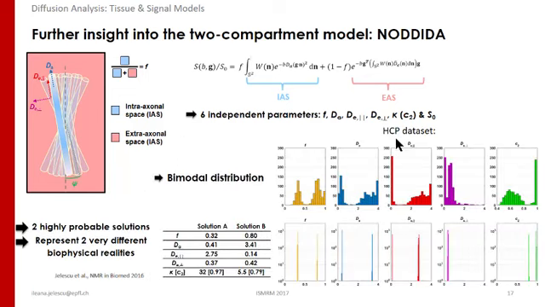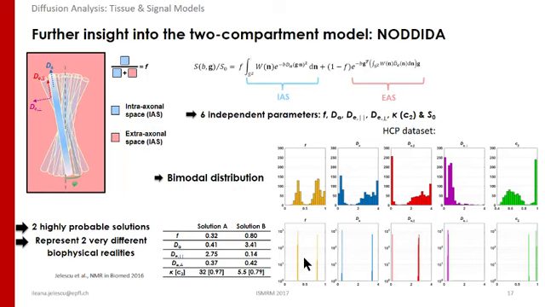And what happens here, even if you take very high quality data, for example, Human Connectome Project, you see that your distribution of parameter values in an ROI that is very homogeneous, for example, the posterior limb of the internal capsule, it could be corpus callosum, it could be anything, is bimodal.